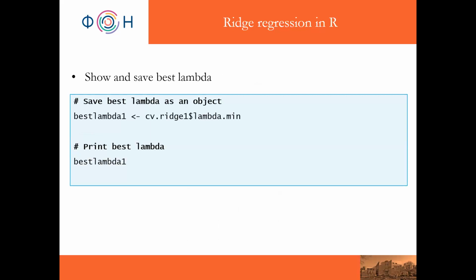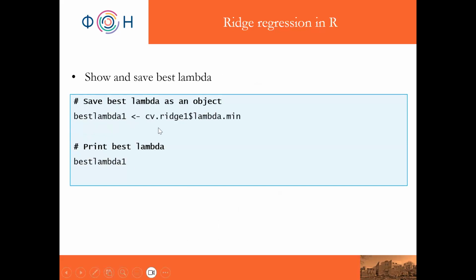For now, we can always copy the value of our best lambda, but sometimes I think it's better to be precise. So we are going to save our best lambda as an object. Best lambda 1 is going to be our saved value of our best lambda.